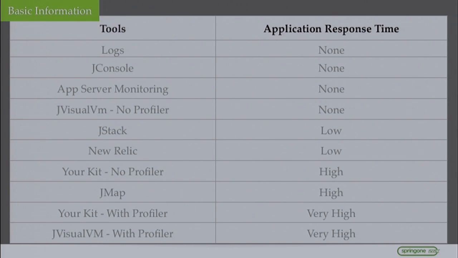So what's the impact of the tool on your application response time? Just basic logging really isn't going to have much of an impact. Now if you use Spring AOP and you wrap every single method and log all that timing information, you're going to see an impact there, but just basic logging isn't going to provide too much of an impact.